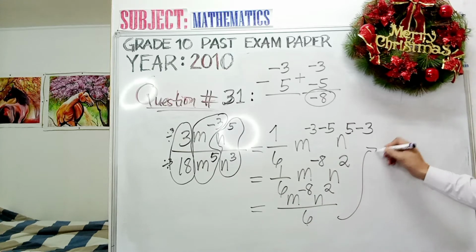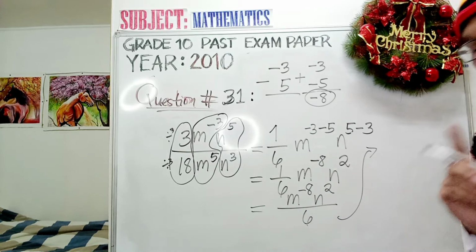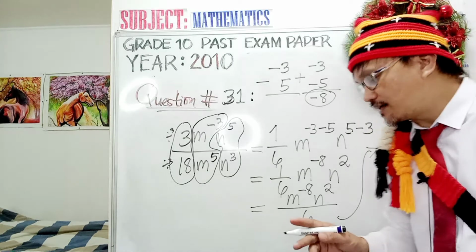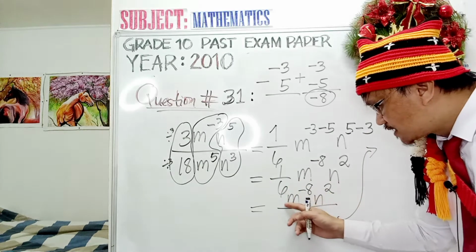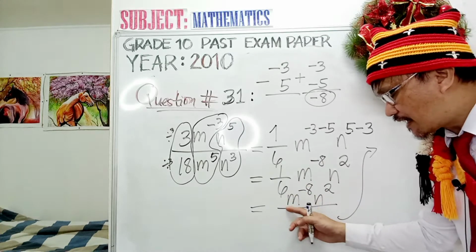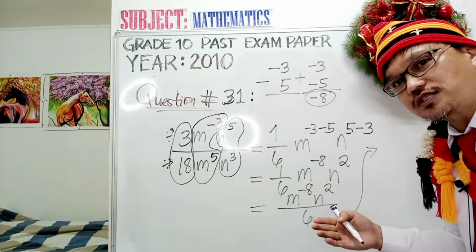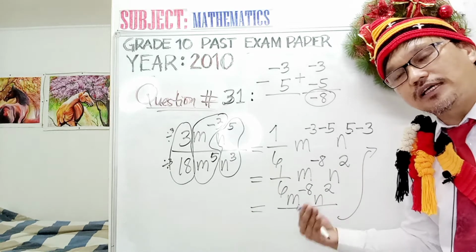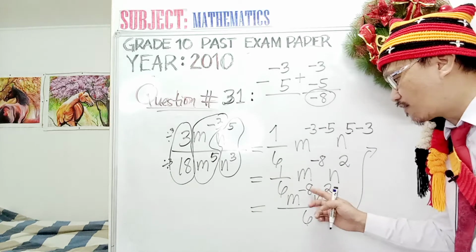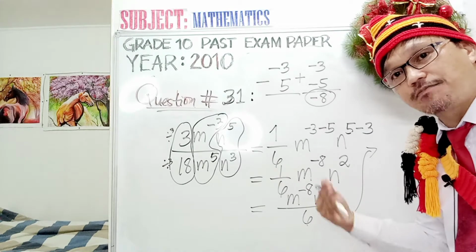So the final answer now is the rule, the second rule, the next rule of the indices, is when you try to express the negative index and make it into positive, because usually the final answer when it comes to indicial or indices question is that your final answer must always be expressed in positive.